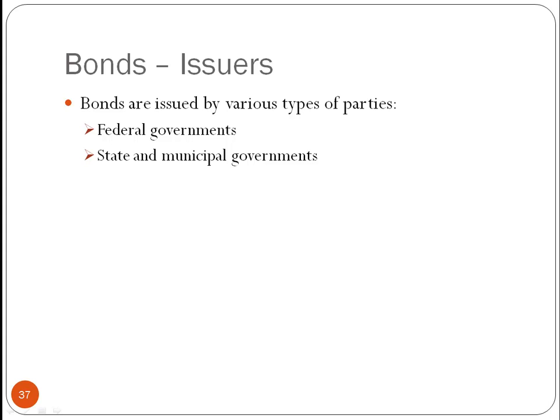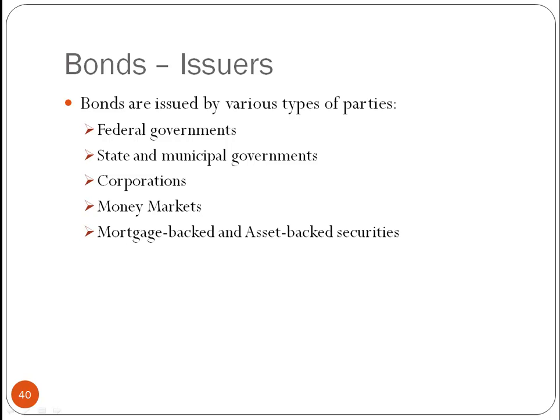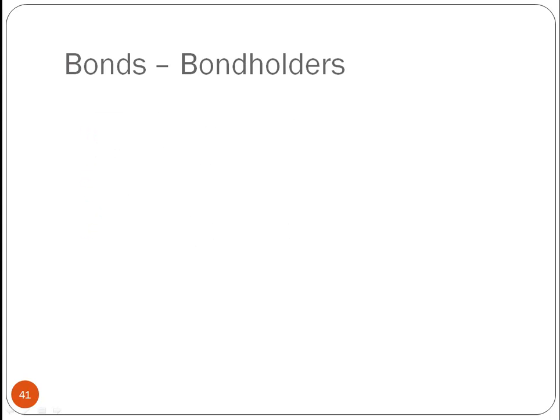State and municipal governments may issue bonds for specific projects. Corporations issue lots of bonds. Money markets float bonds. You can have mortgage-backed or asset-backed securities. So there are a lot of different issuers of bonds.